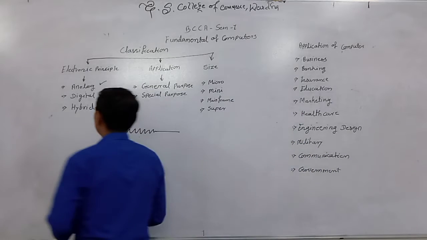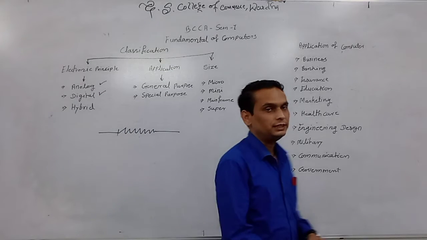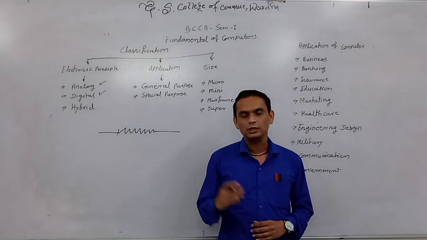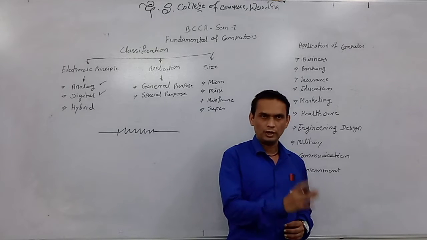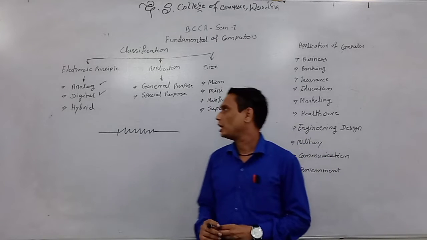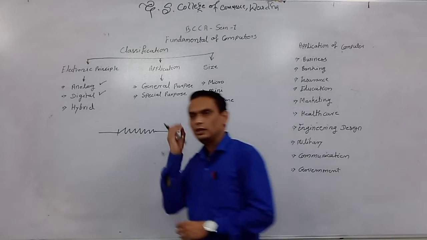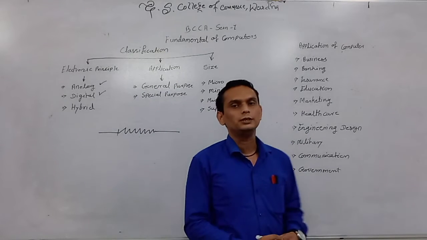The second one is the digital computer, which works on digital format pulses. It works on pulses in the form of on or off, 0 and 1. Just like all our microcomputers or all types of computers are digital.